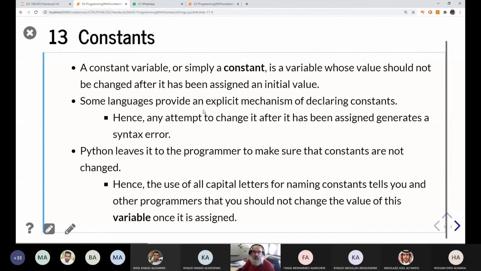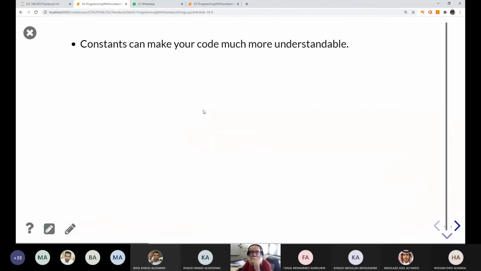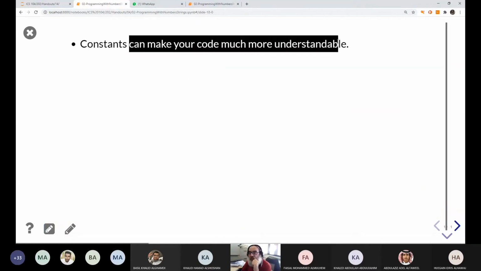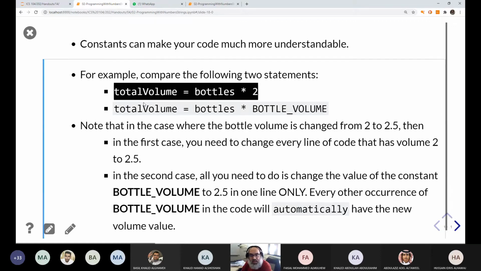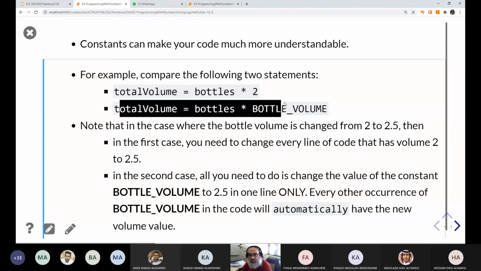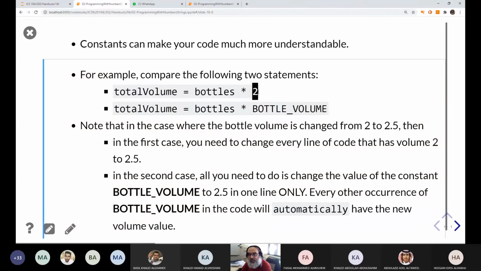So constants can make code much more understandable. That's why, in fact, we use constants. For example, let's compare these two statements: total volume equals bottles times 2, and total volume equals bottles times bottle volume. The 2 here looks like a magic number.